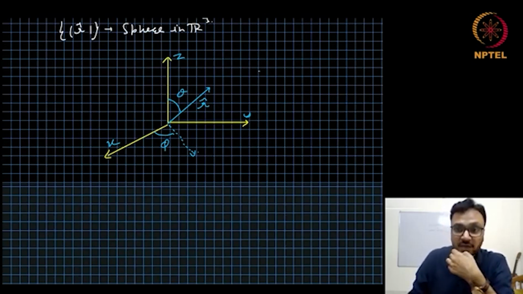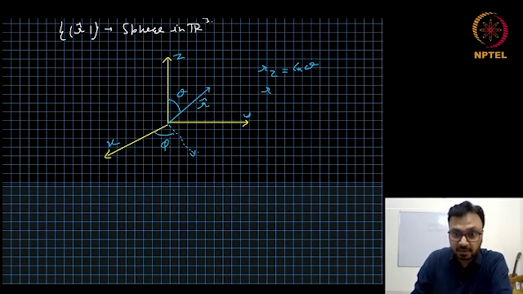So the Rz component here can be written as cos theta, and the xy component, that is the projection in the xy plane, can be written as sine theta. And Rx, that's along the x-axis, will be sine theta cos phi, and Ry will be sine theta sine phi.